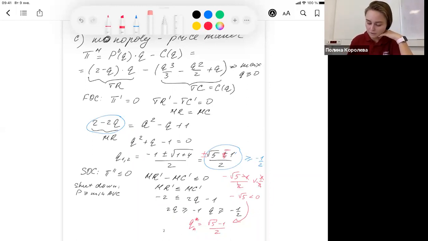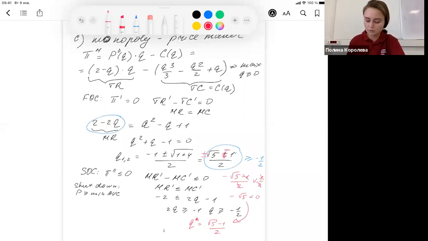Yes. So then let us remember the definition of monopolist. Monopolist is price maker.